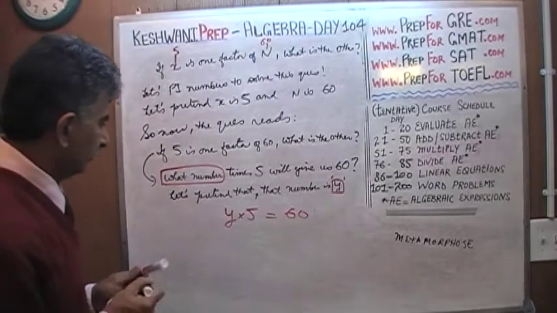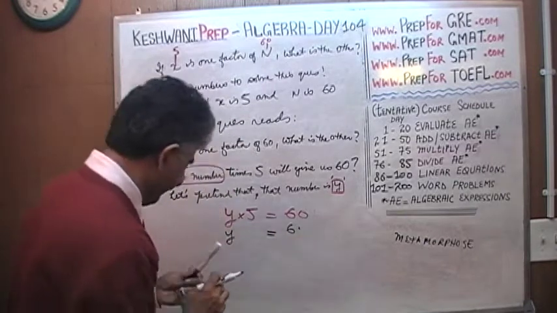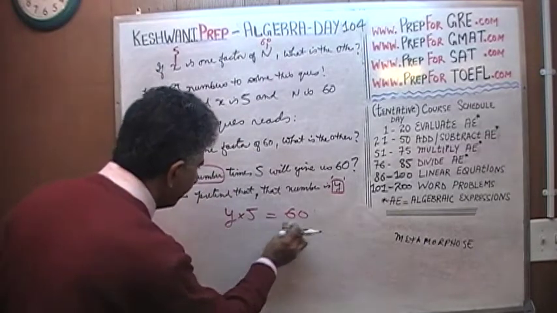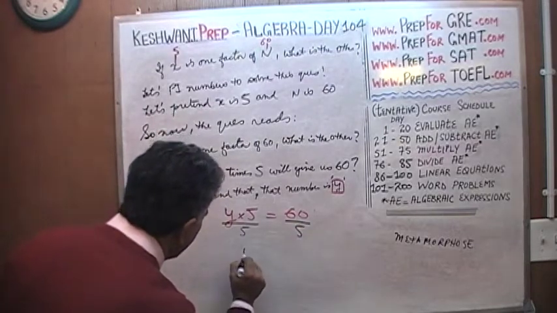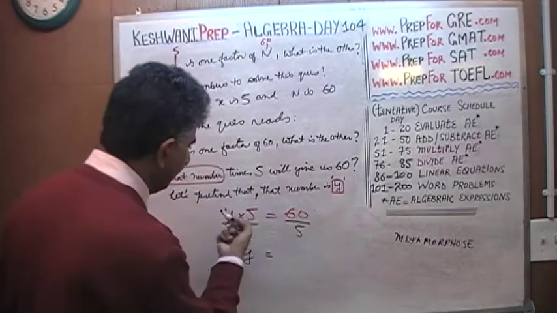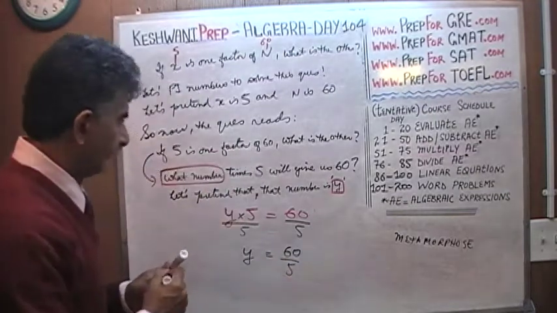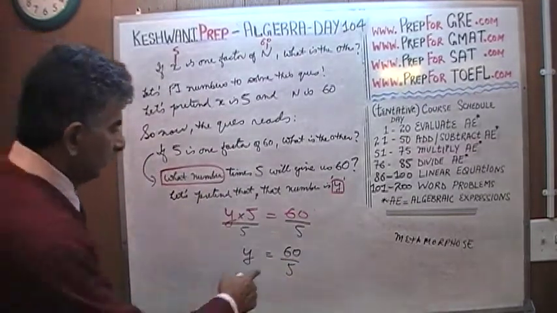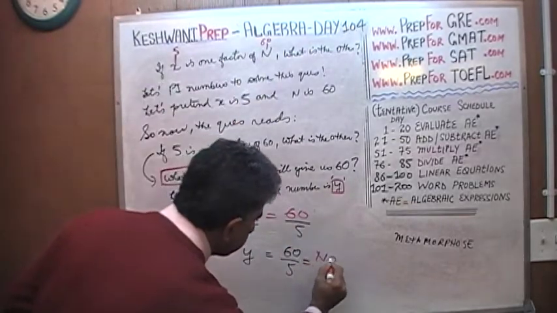So what is y equal to? Well, if you divide both sides by 5, y must equal 60 over 5. And what does 60 represent? 60 represents n.